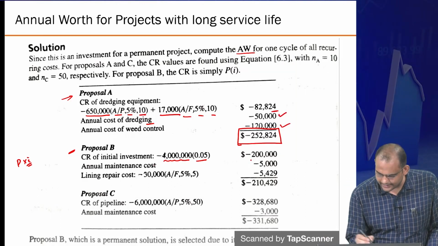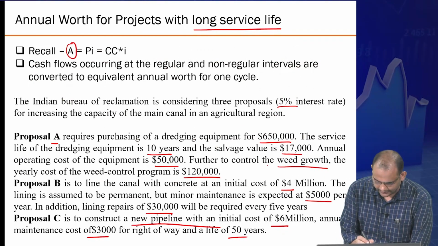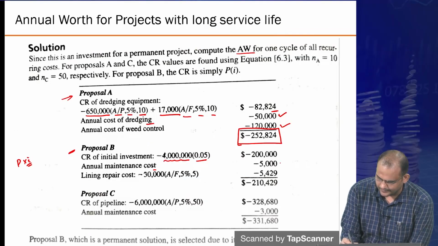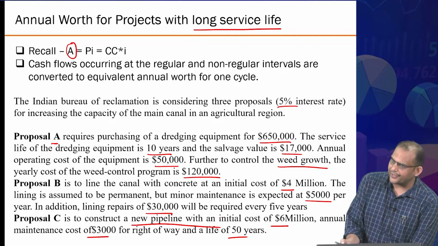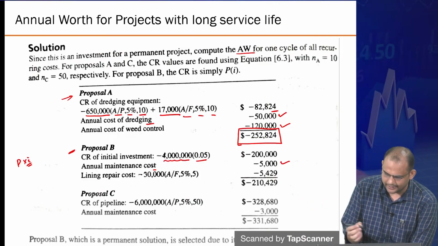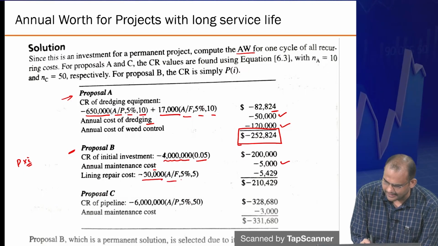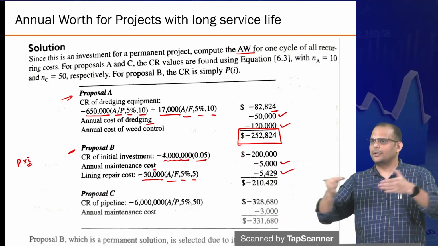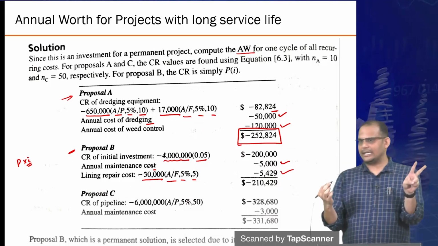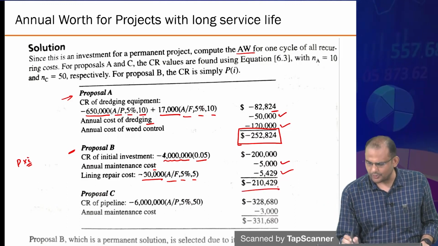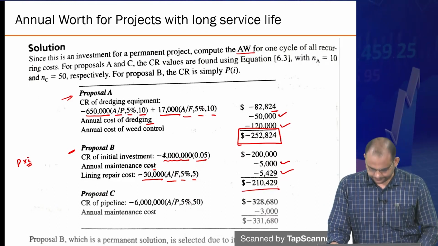Your annual maintenance cost for proposal B is given to be $5,000. And then every 5 years you have an additional maintenance requirement. So that $30,000 (A/F, 5%, 5) you get additional, and therefore you have considered at least one whole cycle of the entire analysis, right? So the total here comes out to be $210,000.